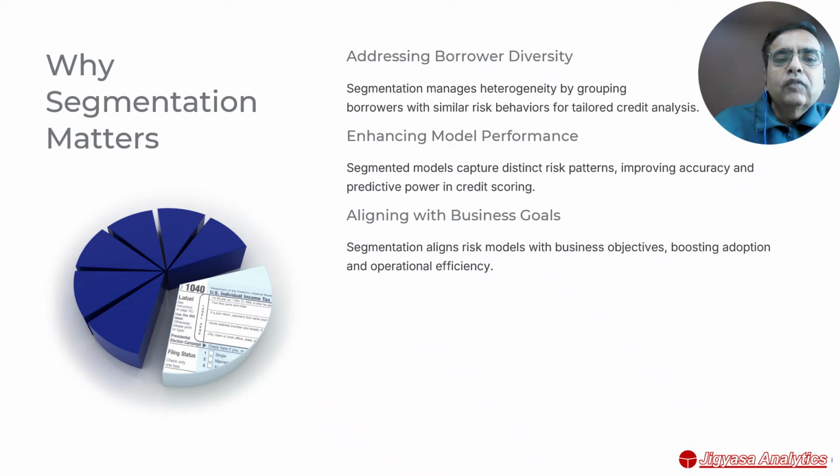And then there is the case of aligning with business goals. Different parts of the business might operate differently. You might have different products. You might measure default differently in different business groups.